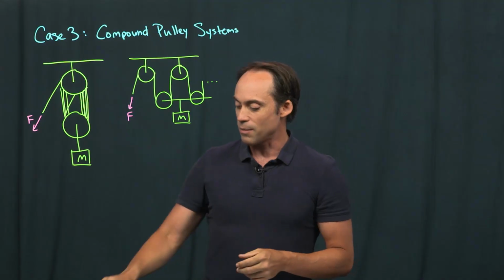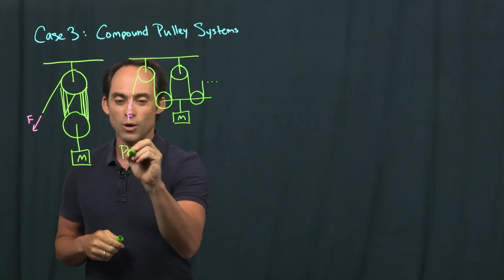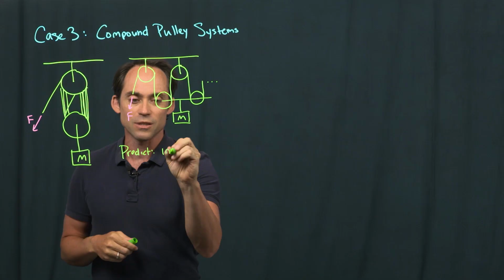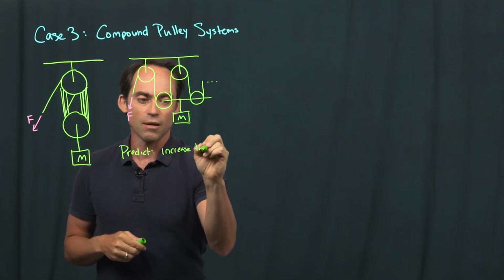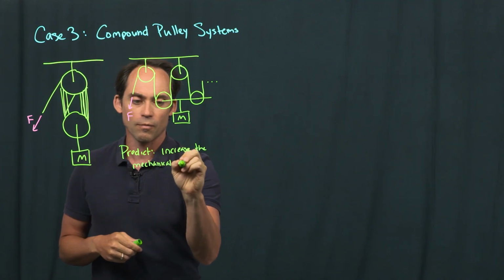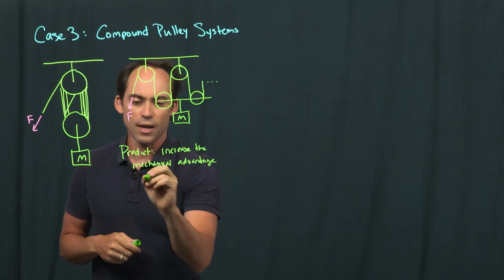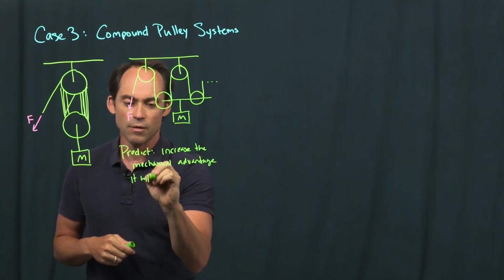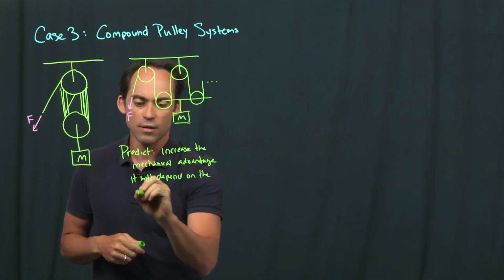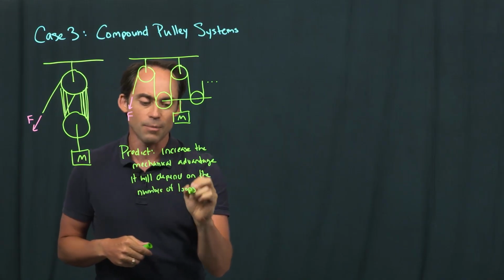the mass and the bottom pulley wheel. Now it's good to make a prediction on this system, and of course as we're going to complexity, the prediction should be that we'll increase the mechanical advantage, and it will depend on the number of loops of cabling between them.